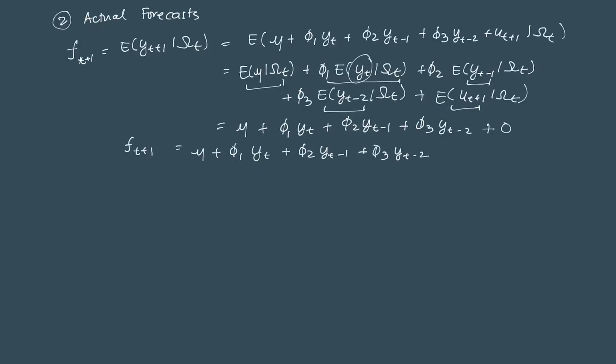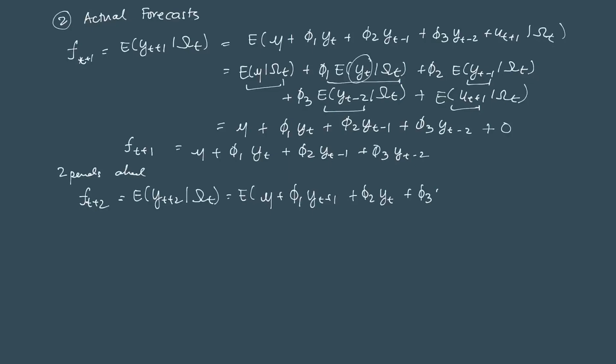Now let's proceed to the next one. For 2 periods ahead, F_{t+2} is equal to the expected value of Y_{t+2} conditional on omega_t, equal to the expected value of mu plus phi1 Y_{t+1} plus phi2 Y_t plus phi3 Y_{t-1} plus U_{t+2}, conditional on omega_t. This is equal to the expected value of mu plus phi1 expected value of Y_{t+1} conditional on omega_t, sorry, this is t+1 rather.